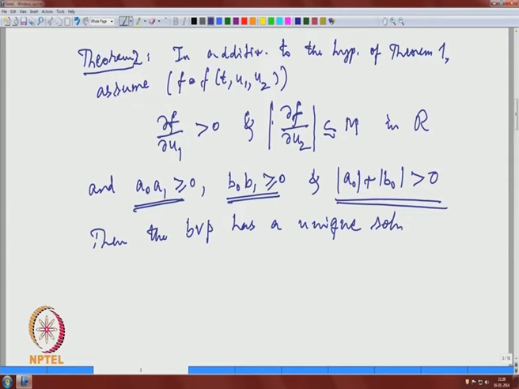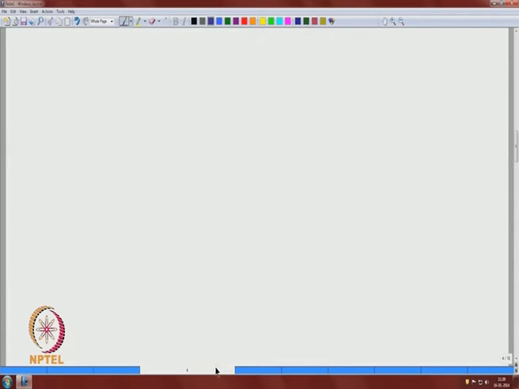So, let me sketch a proof of this. It is really simple and just uses one variable calculus, but little technical in detail. So, sufficient to show that phi has a unique root.